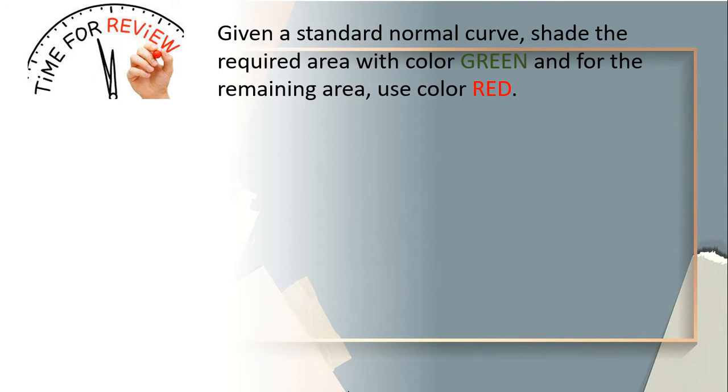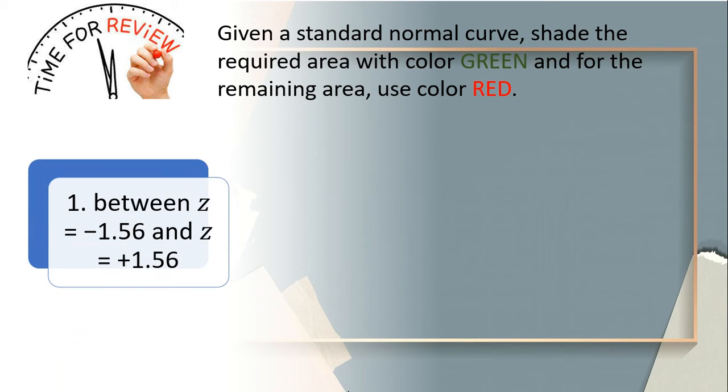So let's review your lesson on standard normal curve, which is all about areas under the curve. So I want you to shade the required area with color green, and for the remaining area, use color red. So ang gagawin nyo guys is mag-drawing kayo ng normal curve, tapos shade ng green yung required area.